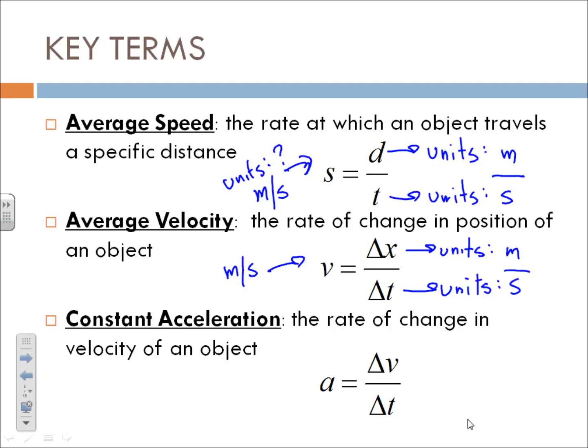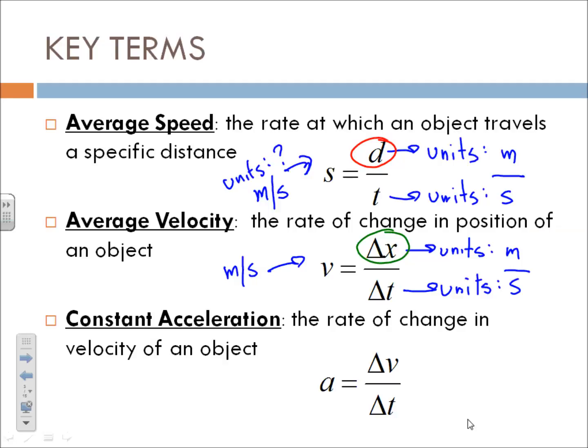No. The main difference between these two is that speed uses distance, which does not have direction, while velocity uses displacement, which does have direction. So distance does not have direction. Velocity has displacement, which does use direction. So that extra piece of information is going to allow us to do things with calculations that we couldn't do with distance. All right. We're going to be able to be much more specific with our answers.